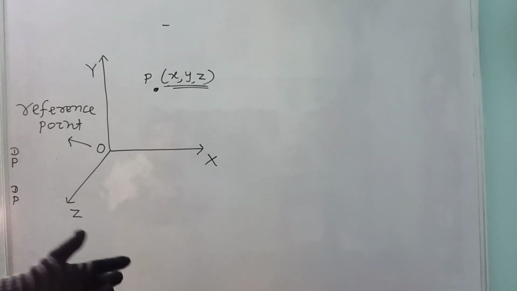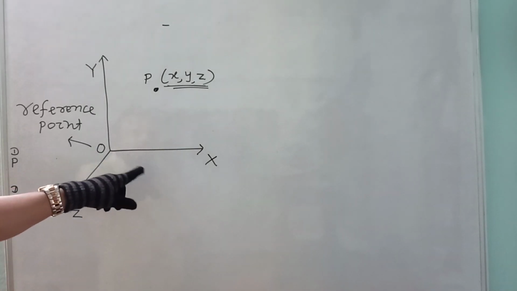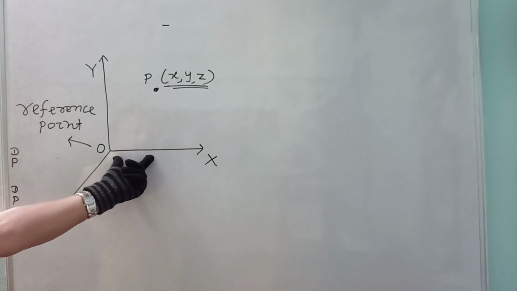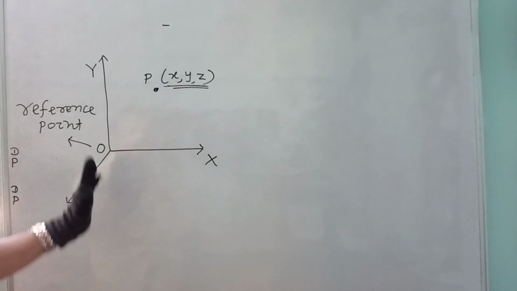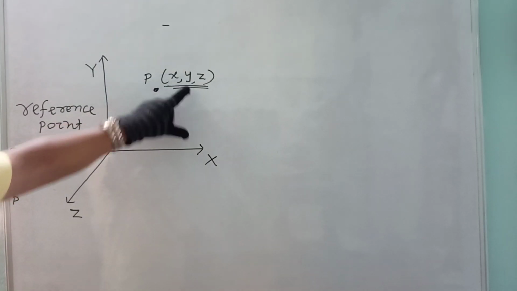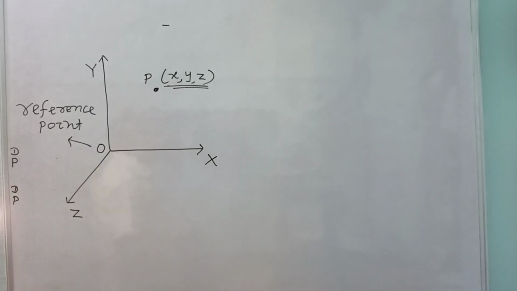Along x axis from O to x distance, along y this is y distance, similarly along z this is z distance. So x, y, z are the 3 coordinates we say.